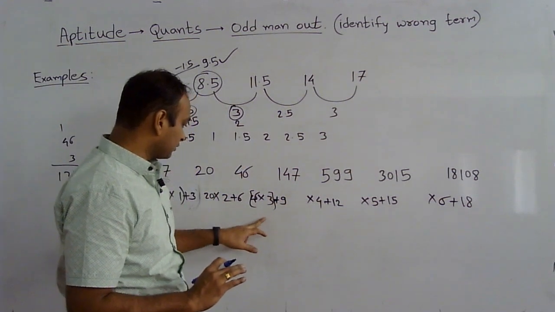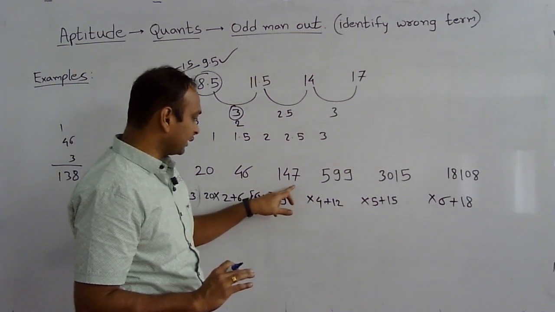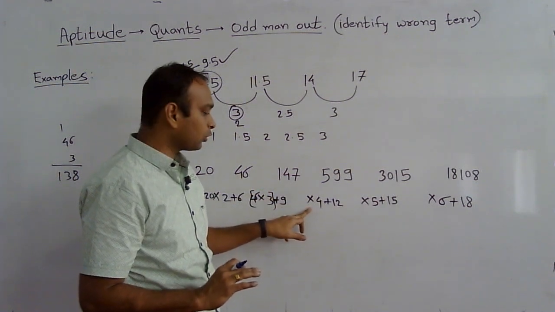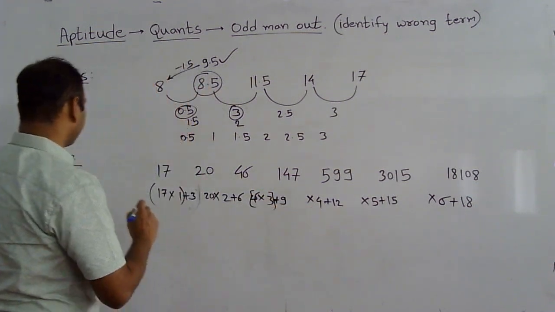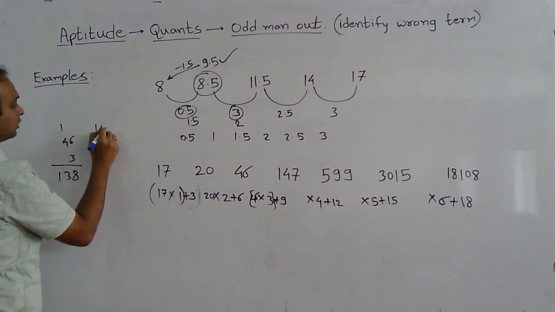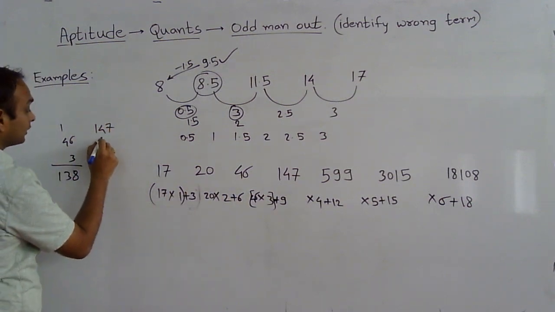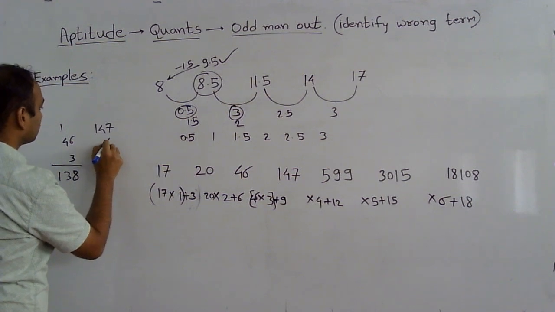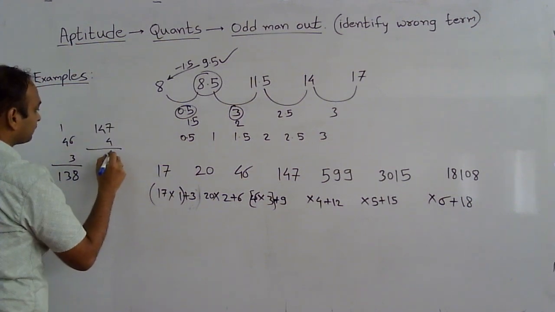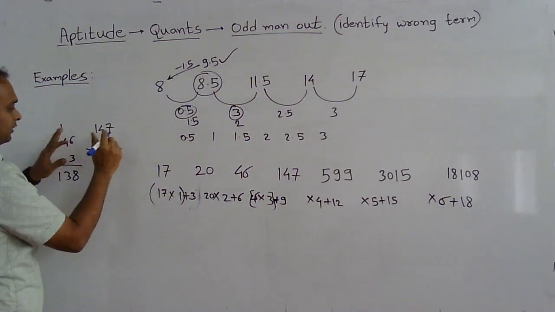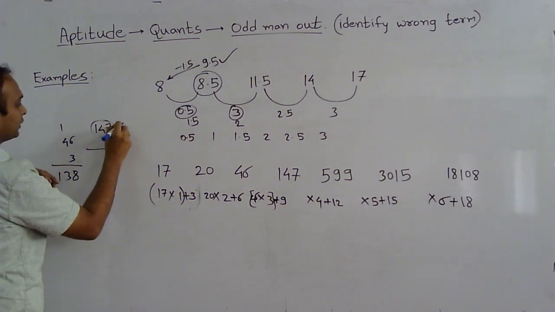Now we calculated till this. Now let's go for this. 147 into 4 plus 12 is how much? 147 into 4. Instead of that, we can assume this as 150.